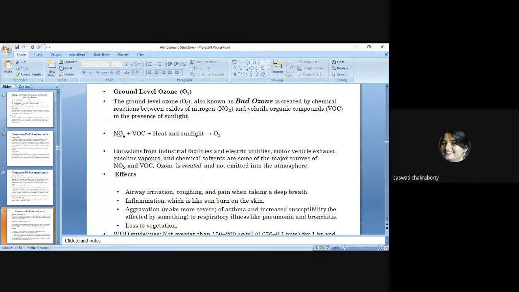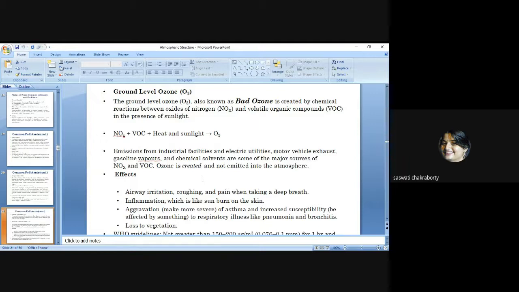It will replace the oxygen, causing various side effects: it will lead to suffocation, irritation, coughing, and it will affect our skin. It will cause our skin to burn. It will cause loss of vegetation, because depletion of oxygen will ultimately have a negative effect on photosynthesis.